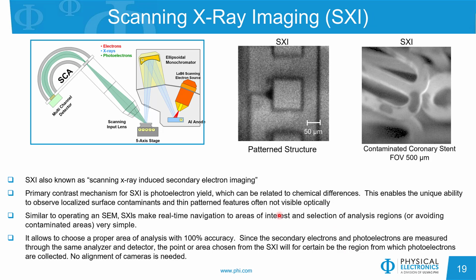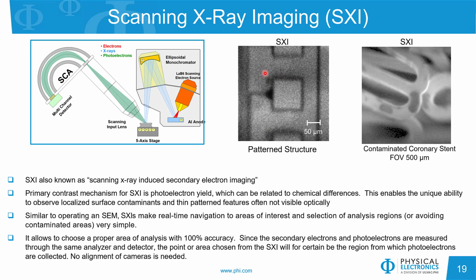Secondary X-ray induced electron images are a unique feature of PHI instruments. We are using the same scanning X-ray source. We're scanning over our surface, and we are producing secondary electrons.